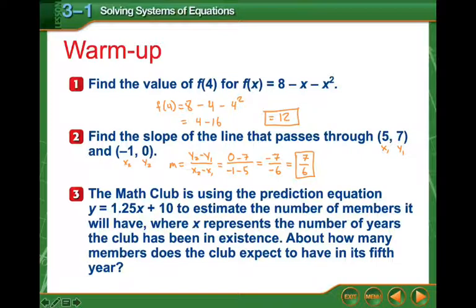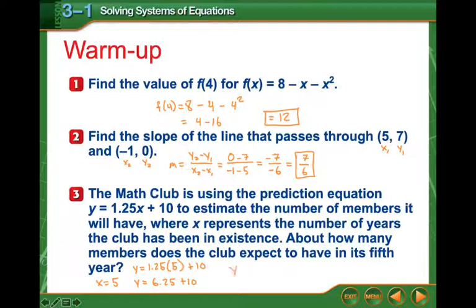And then number 3 wants us to use the prediction equation to find out how many members the club should expect in its 5th year. So y equal to 1.25, we're going to plug in an x equal to 5, times 5 here, plus 10. So we multiply there, 1.25 times 5 is 6.25, plus 10.